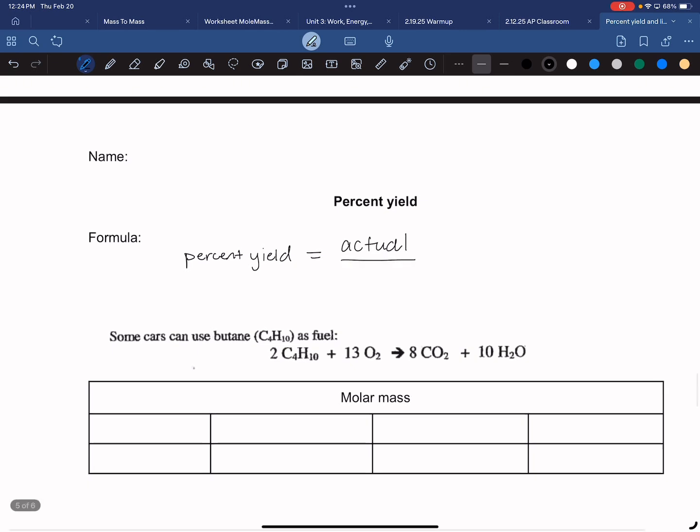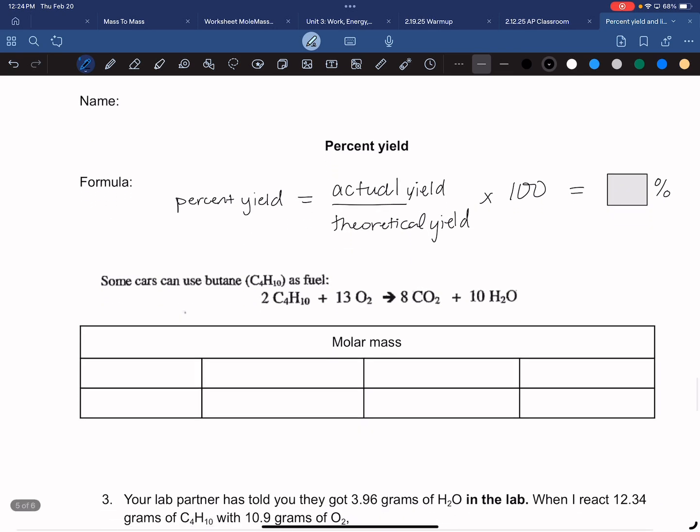Actual yield over theoretical yield. And then you're going to multiply this by a number. What is that number? 100. And then whatever you get is going to be some sort of percentage. Okay? So that is percent yield.